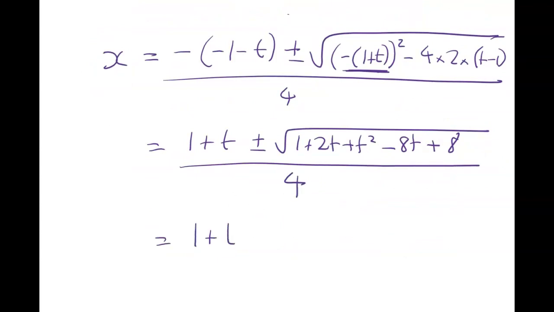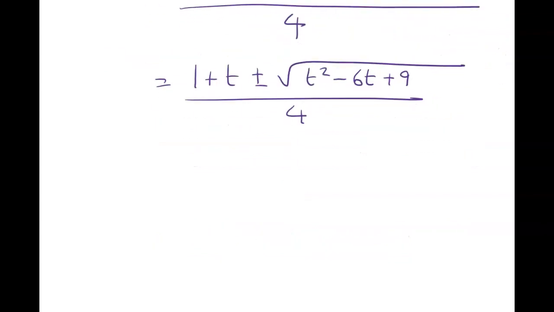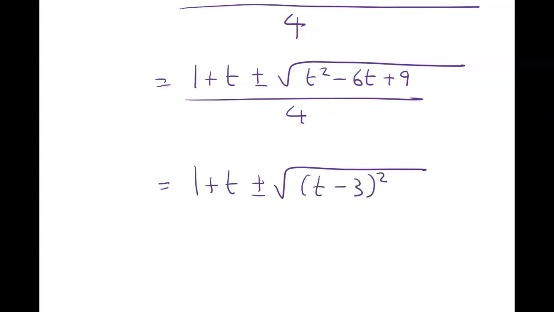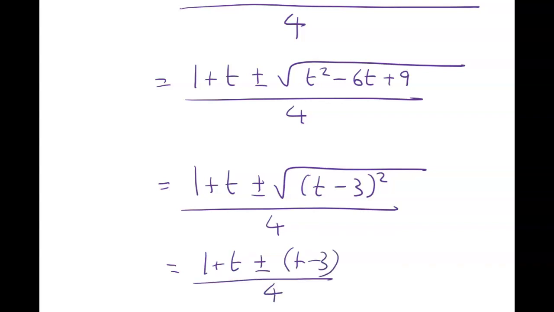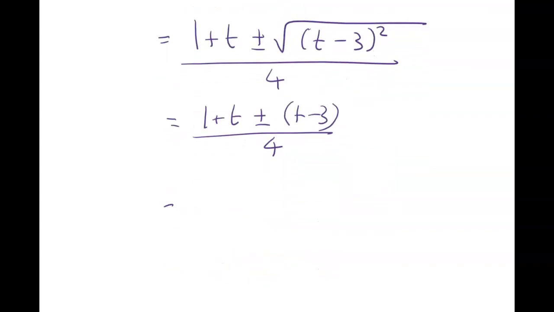We get 1 plus t plus or minus the square root of t squared minus 6t plus 9, over 4, which gives me 1 plus t plus or minus the square root of t minus 3, all squared, divided by 4. So I get 1 plus t plus or minus t minus 3 over 4.